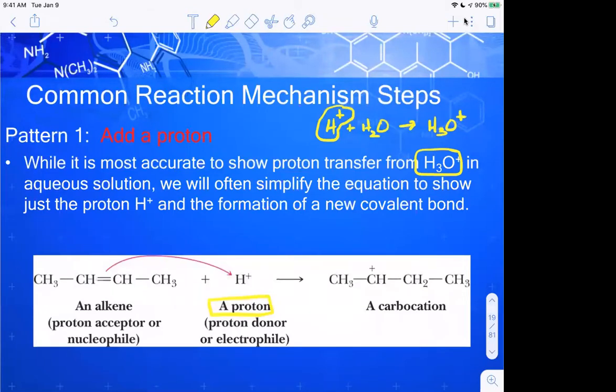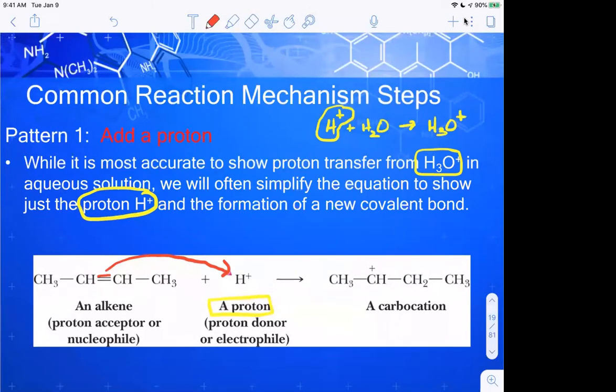So I'm often going to simplify that equation to show just the proton and the formation of my new covalent bond. So again, if I'm looking at this as my source of electrons, these electrons are going to come out and pick up the hydrogen.